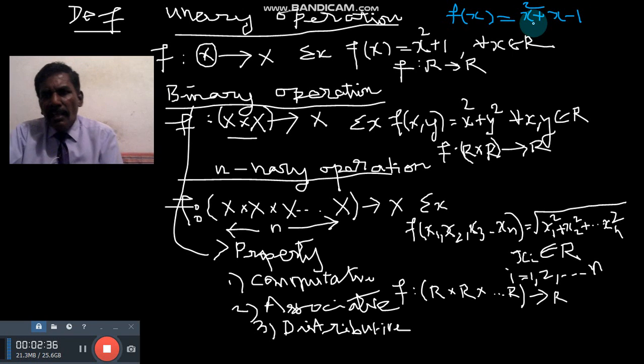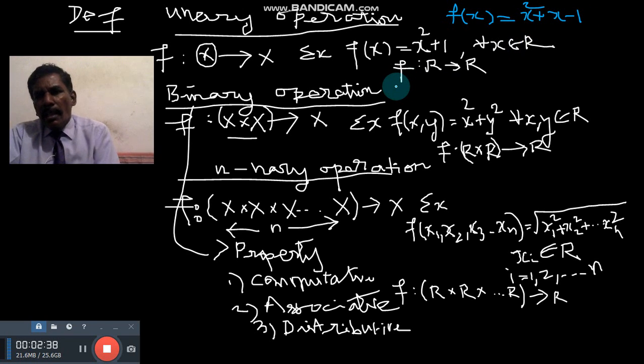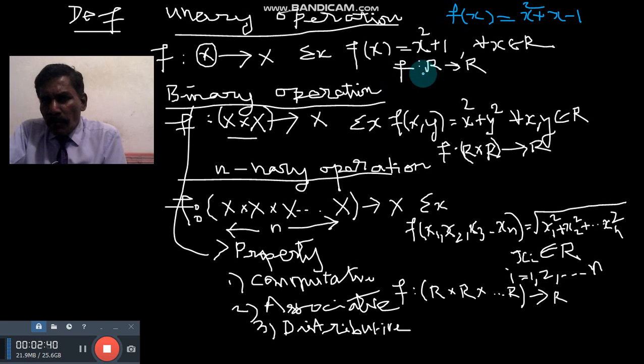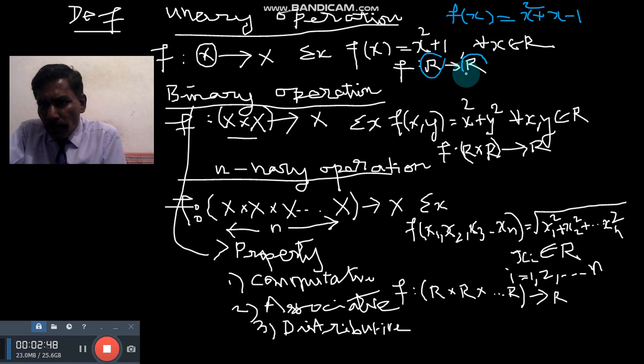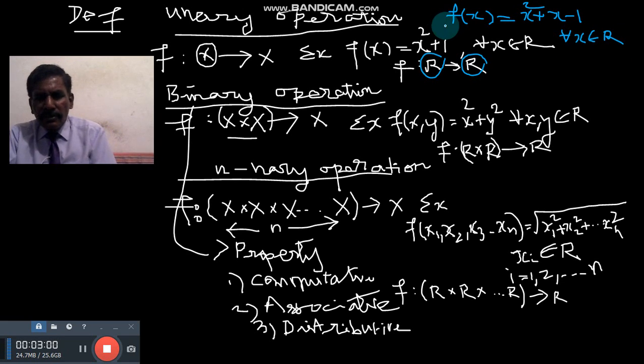Again, this is a function of the type f from R to R, where the domain is R and the codomain is also R, the set of real numbers, for all x belongs to the set of real numbers. Now this type of function we call it as unary function.